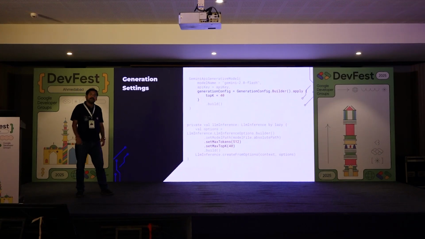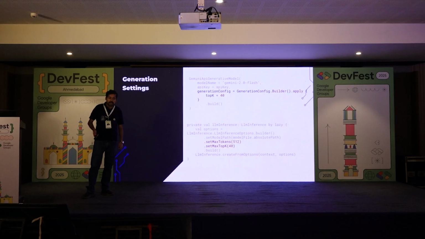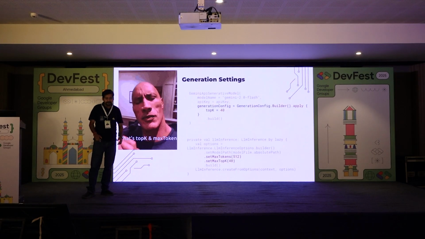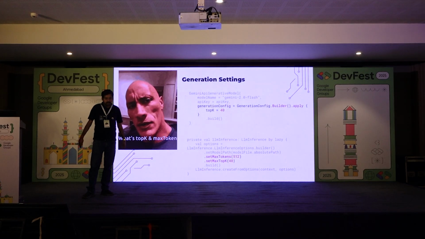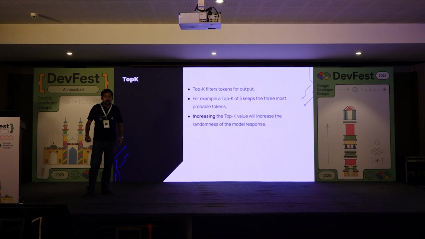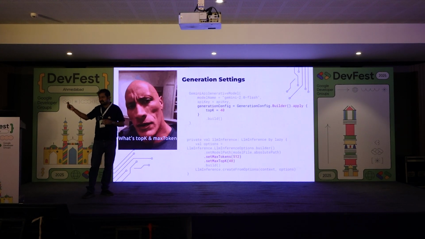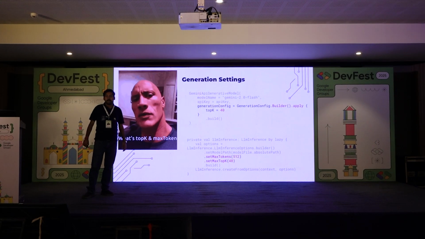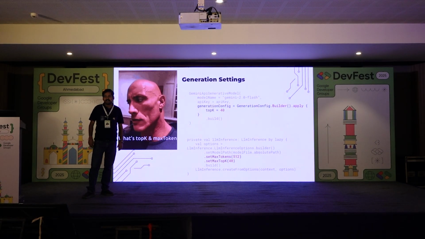Now, there are a few things that I used, right? I used top K, I used max tokens. What are those? Top K filters out... Anyone can answer it. Anyone can answer what is top K? I already changed the slide, so you might have glanced.